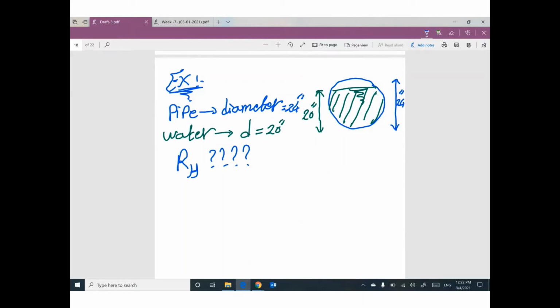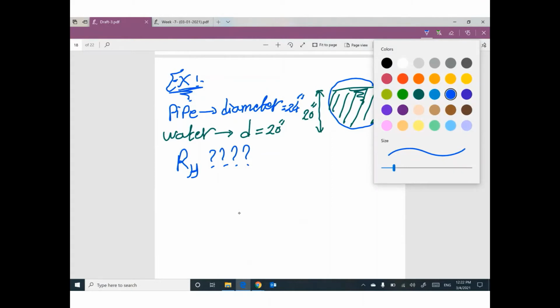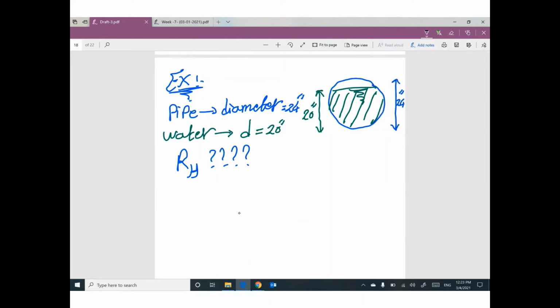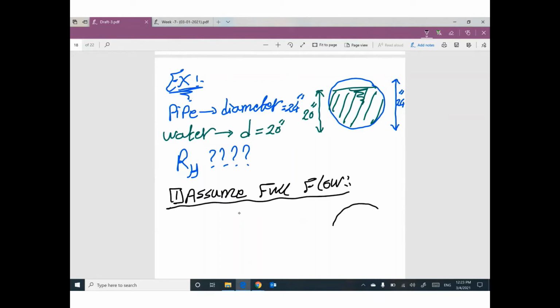Okay, we have 3 steps. First step, assume full flow. What do I mean by assume full flow? I will assume this pipe with the diameter 24 inch is full. So what is the area right now?